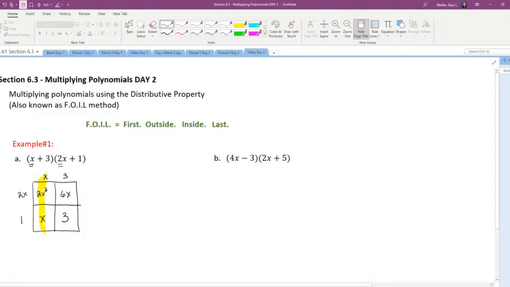We did x times 1 to get x. So all I really did here is a distributive property. I took x, the first piece of the first binomial, and I multiplied it by 2x plus 1, right? X times 2x, x times 1. X times 2x is 2x squared. That's what we got there. X times 1 is x.